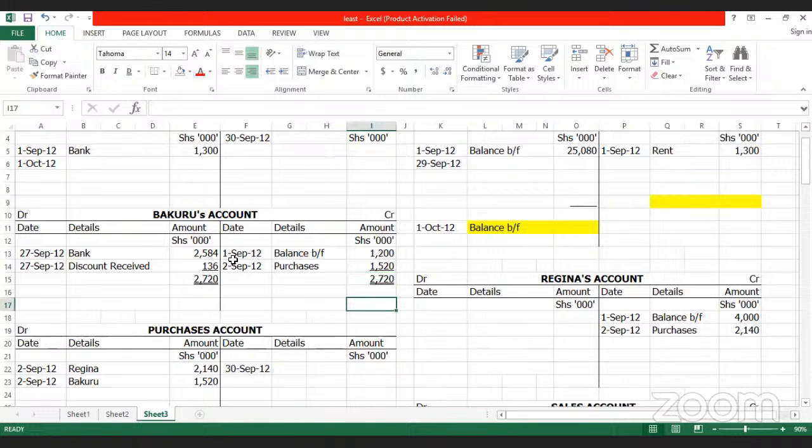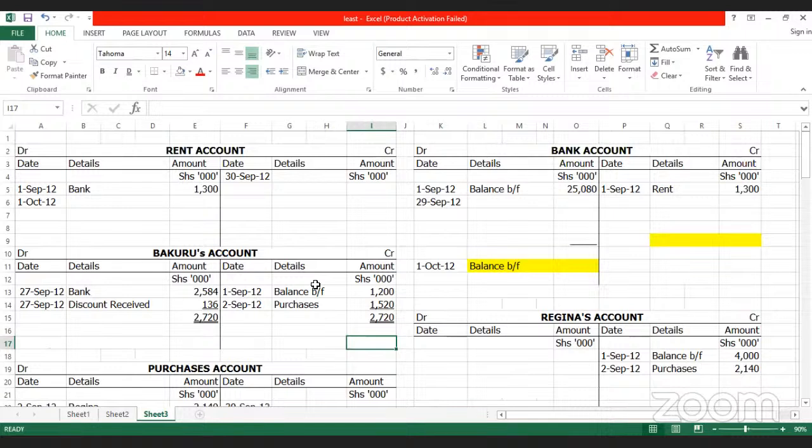So that is the account of Bakuru. As you can see, there is a discount received. Of course, with the check payment that was made, the account has been settled to zero balance. But you have to complete double entry. Don't forget, you have to complete double entry. So go to the bank account on 27.